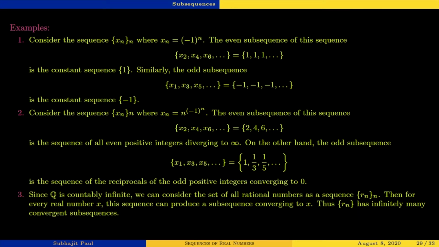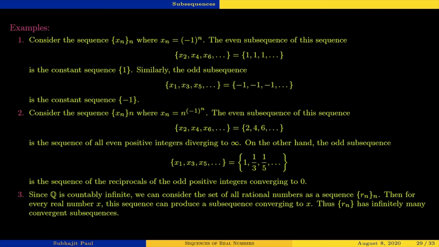Extremely important example. In the usual examples of subsequences, you do not come across a sequence having infinitely many convergent subsequences, but it is always essential to know that this kind of sequence does exist.